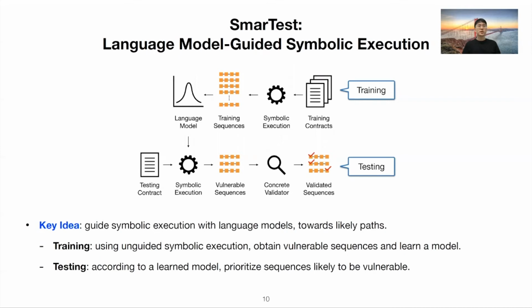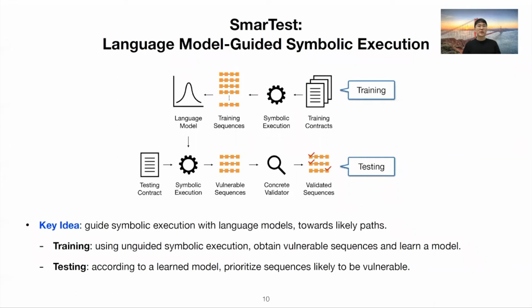In this work, to effectively find vulnerable transaction sequences in smart contracts, we propose a new symbolic execution technique called SmarTest. The key idea of SmarTest is to guide symbolic execution with the language models towards paths that are likely to contain vulnerabilities. Specifically, in the training phase, we perform unguided symbolic execution over training contracts.